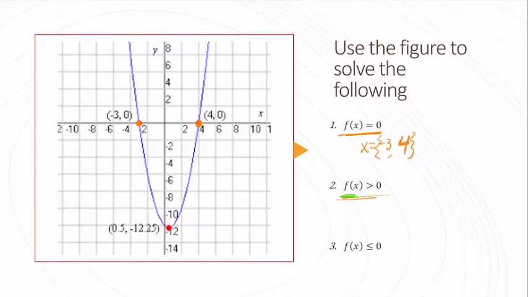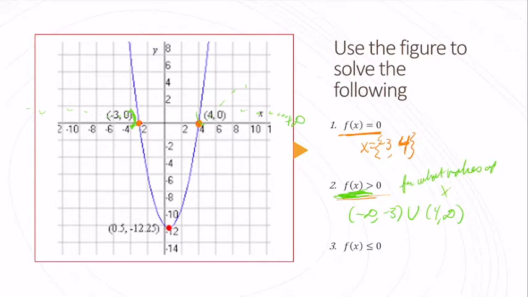And that's going to be from where x is -infinity all the way to where x is -3, but -3 is not included because it's greater than. So I have from -infinity to -3, union with from 4 all the way up to positive infinity. This is basically asking for what values of x is y positive, or our y values are above the x-axis.